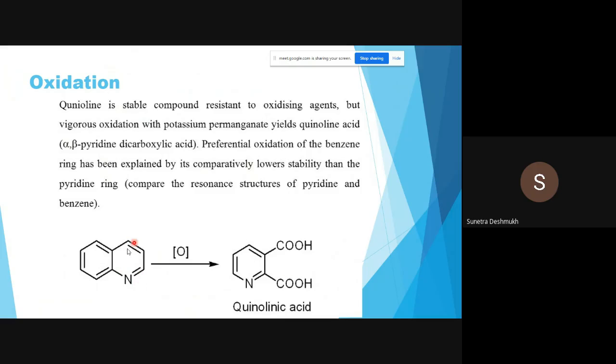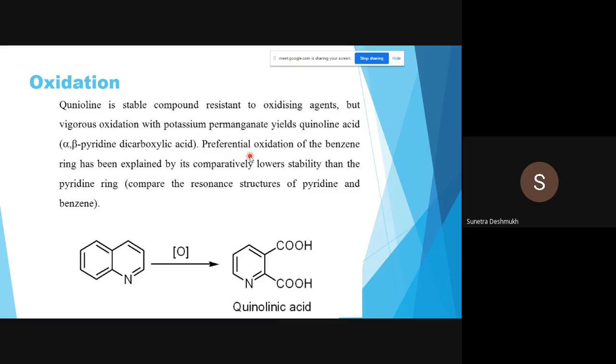So the benzenoid ring is getting destroyed and opened, oxidized, and we get quinolinic acid. The benzenoid ring undergoes oxidation, it opens, and we get this type of oxidized product.